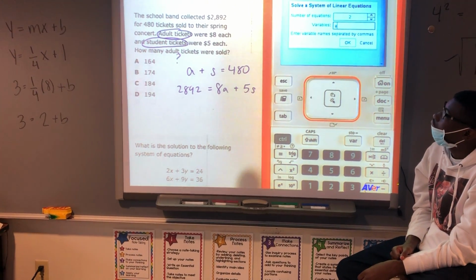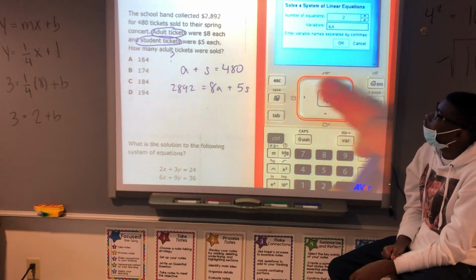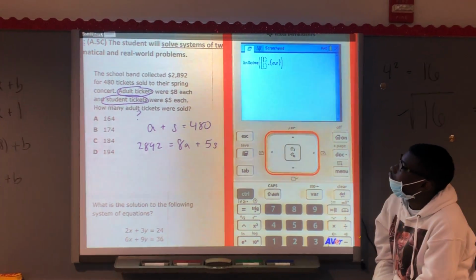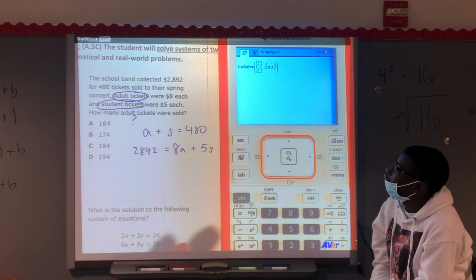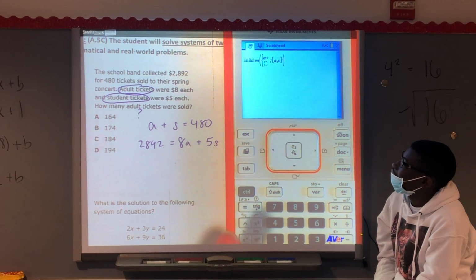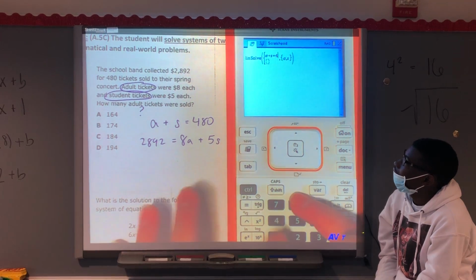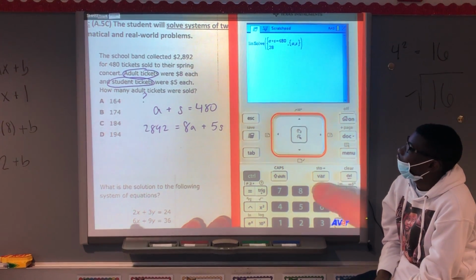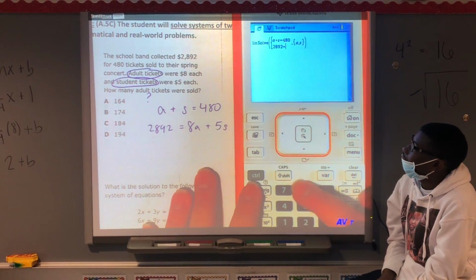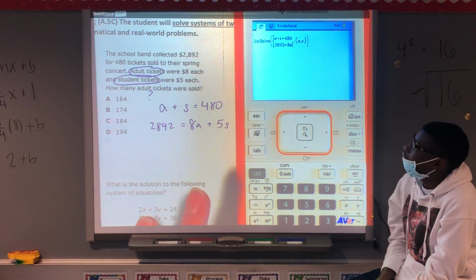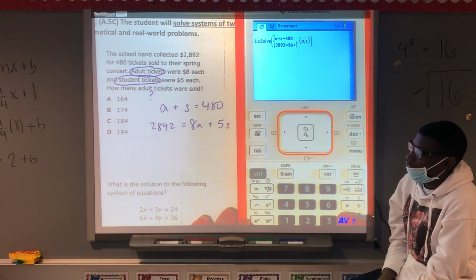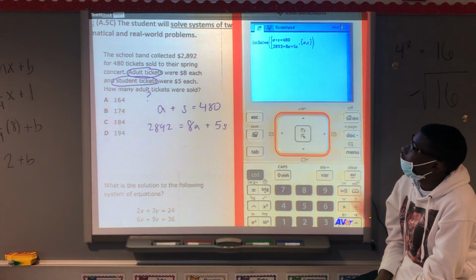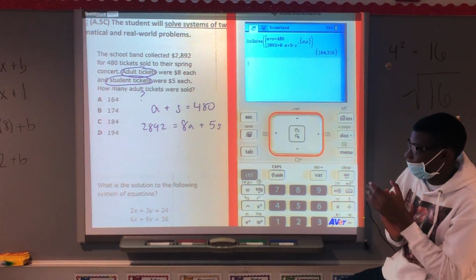So A, comma S, and then I click OK. It opens up, and I get to type in both of my equations. A plus S equals 480. And then $2,892 equals $8 per adult plus $5 per student. And then I press enter and it gives me the 2 answers.